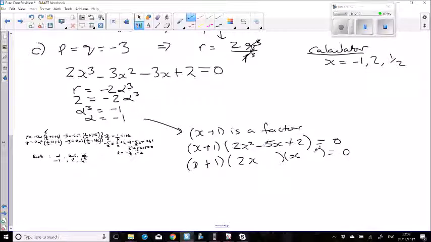It's got to be 1 and 2 to get +2. They've both got to be negative because we've got to get a negative there. So it must be -2 times 2x to get -4x and -1 times x. Now we've got it fully factorized. x is -1, 1/2, or 2. You could factorize this any way you like. You can do the long division any way you like.